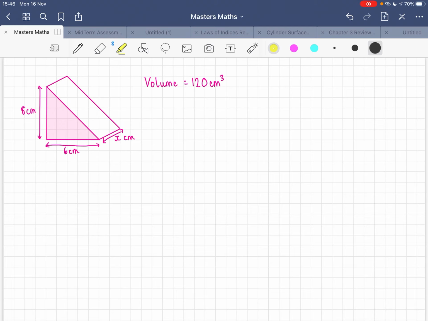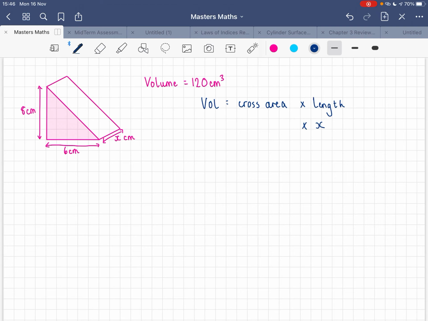So we've been told the volume is 120 as well. To find the volume, oh, that's still the highlighter. To find the volume, we would usually do the cross-section area multiplied by x, multiplied by length. Okay?